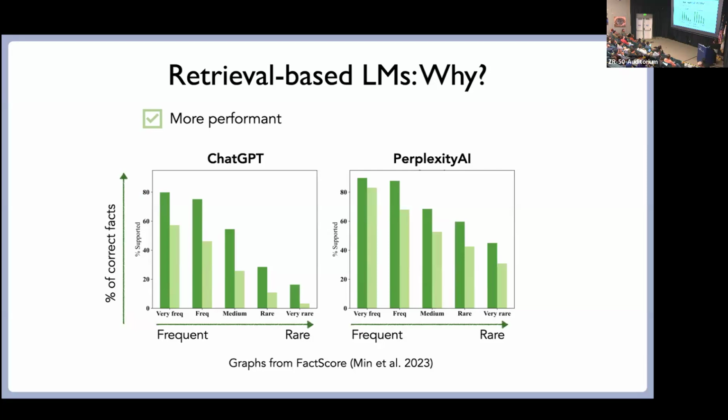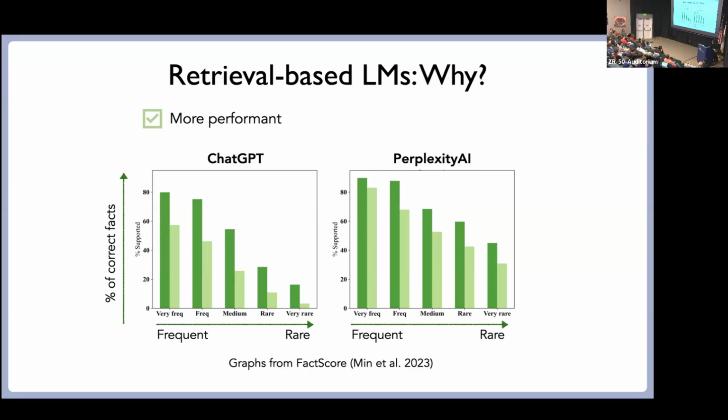Here is another data point from one of our papers that showed the factual accuracy of ChatGPT and Perplexity AI. Perplexity AI, at least at the time of writing the paper, is basically the retrieval-based version of ChatGPT, using retrieval and then ChatGPT. The x-axis indicates the frequency of entities, from frequent to more rare. The y-axis is factual accuracy.